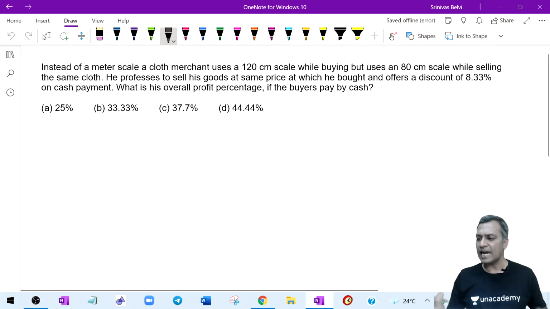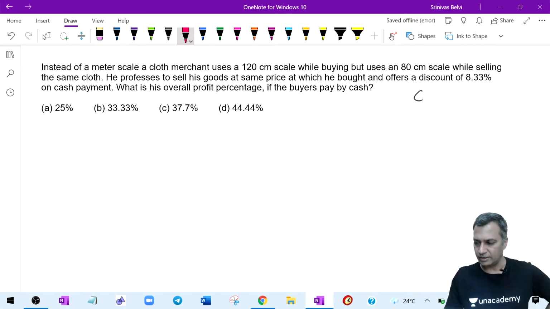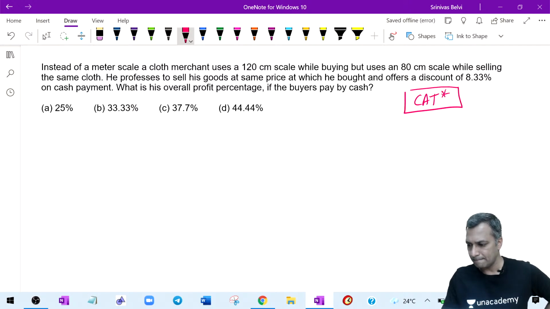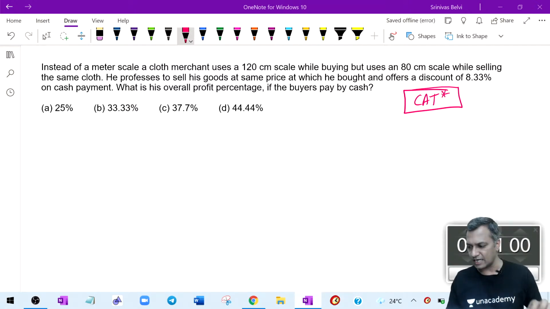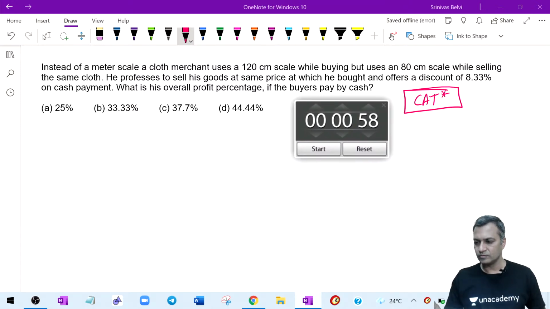CAT question. Let's now try this. A minute for you. A beautiful CAT question. Go ahead. Now I want you to crack this. The whole of this story was to solve this CAT question. Solve this.